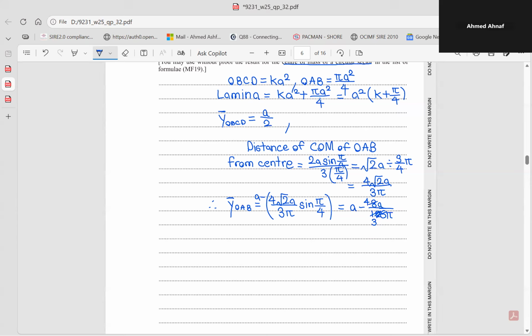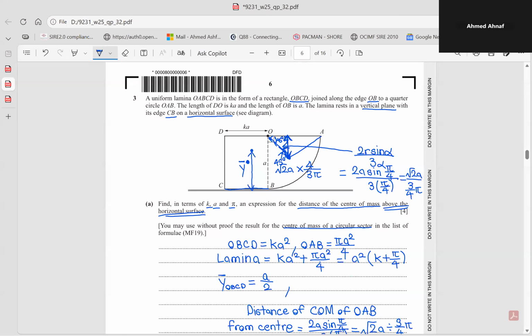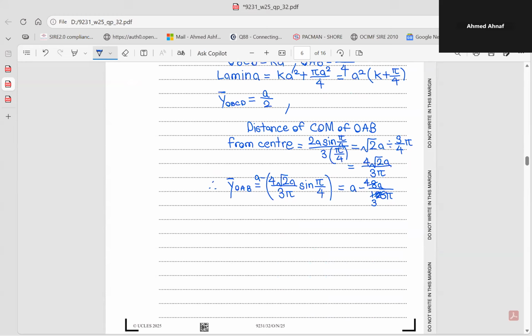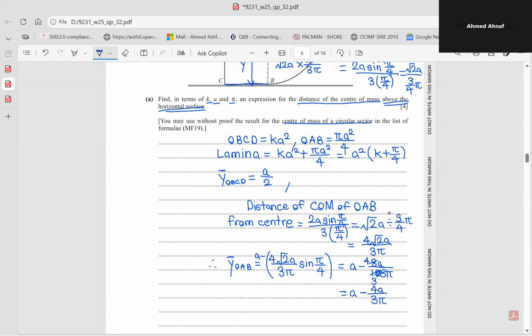Oh my goodness, give me a while again. So this is the vertical distance of the center of mass of OAB. It's literally just a minus 4a over 3 pi.